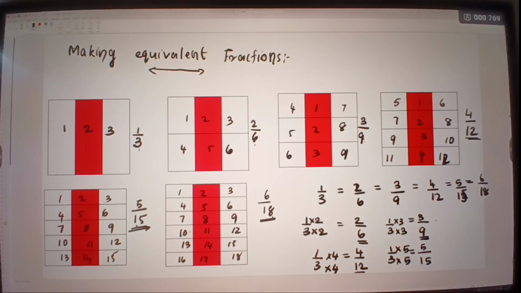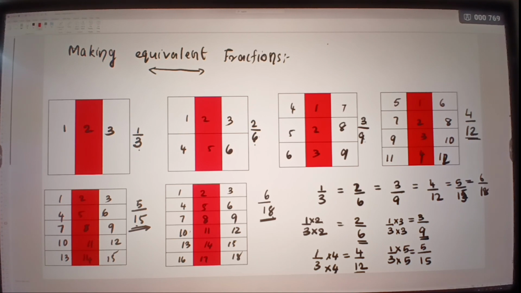So how do you get an equivalent fraction? If you multiply the numerator and denominator by the same number, you will get an equivalent fraction.